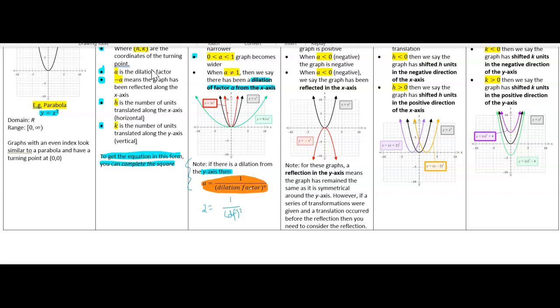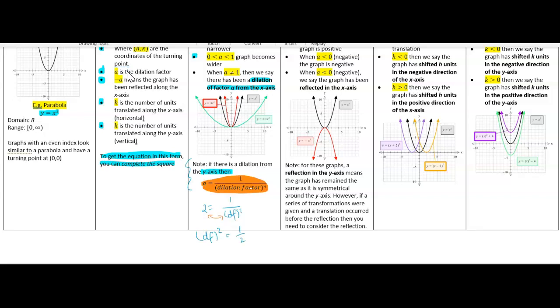All right, so when your unknown is on the denominator, you can actually just switch these. So we've got dilation factor squared is equal to 1 over 2.